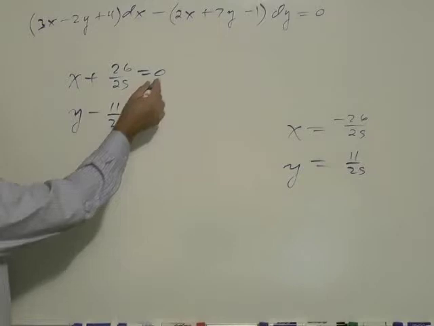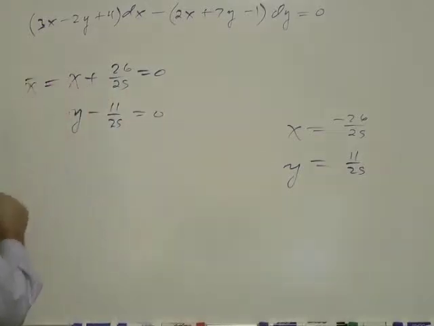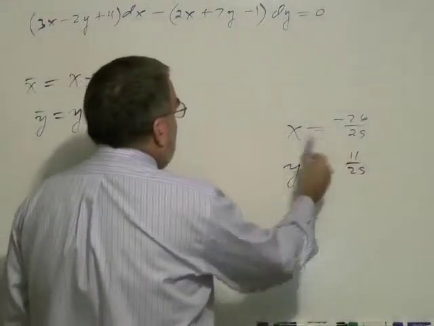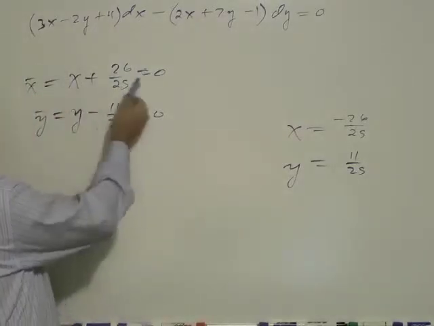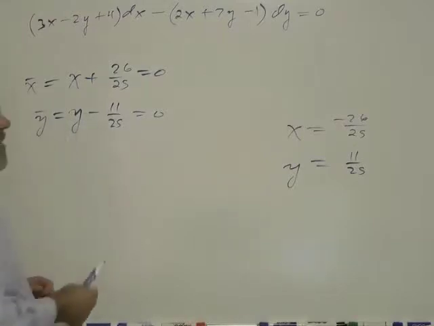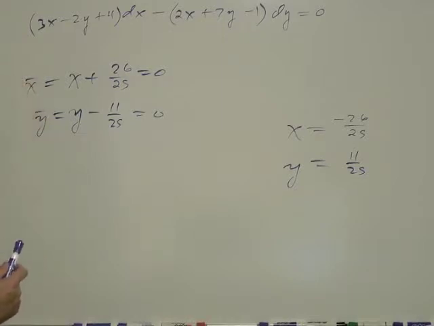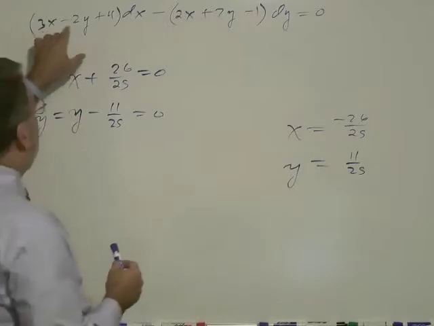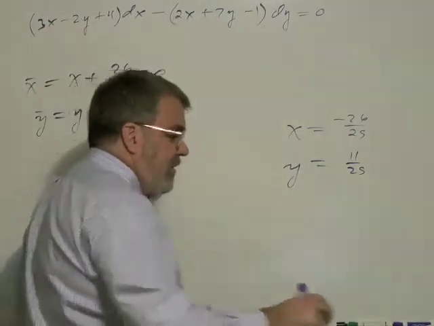So let's let this be x bar, and let that be y bar. When x is negative 26/25, then x bar is 0. Likewise here, when y is 11/25, y bar is equal to 0. So this sets up a key substitution. In order to substitute, I'm going to have to solve for x and y in terms of x bar and y bar, because I want to replace the x's and y's up here. So, a little more erasing.